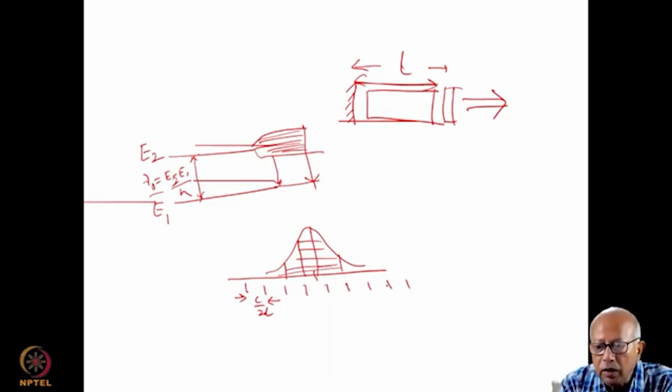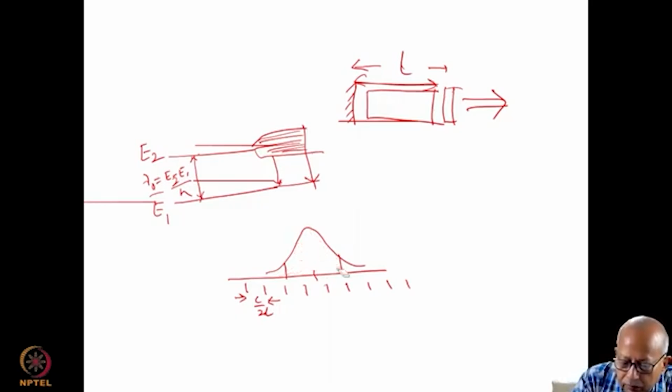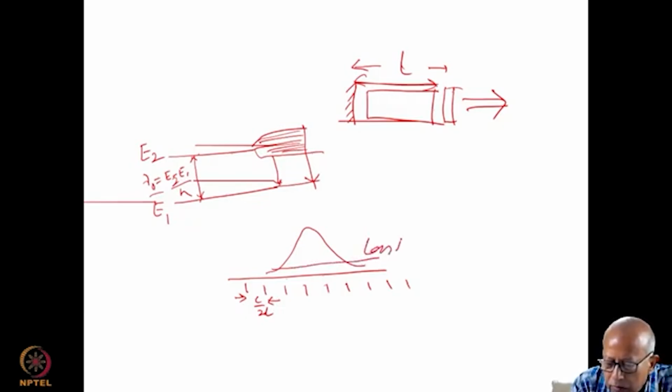If we assume that, then the loss can be represented as a straight line in this gain curve. Let us assume that this is the loss line. And this is gain.